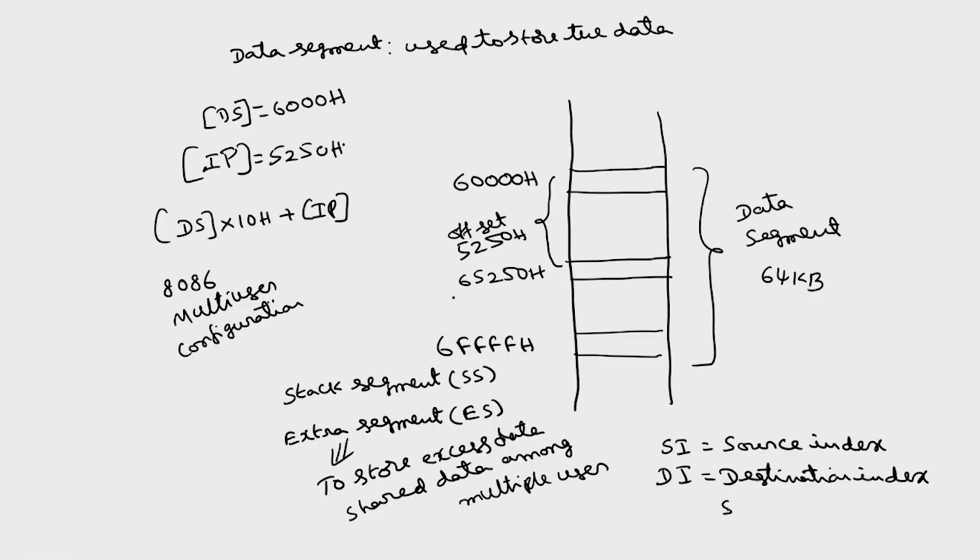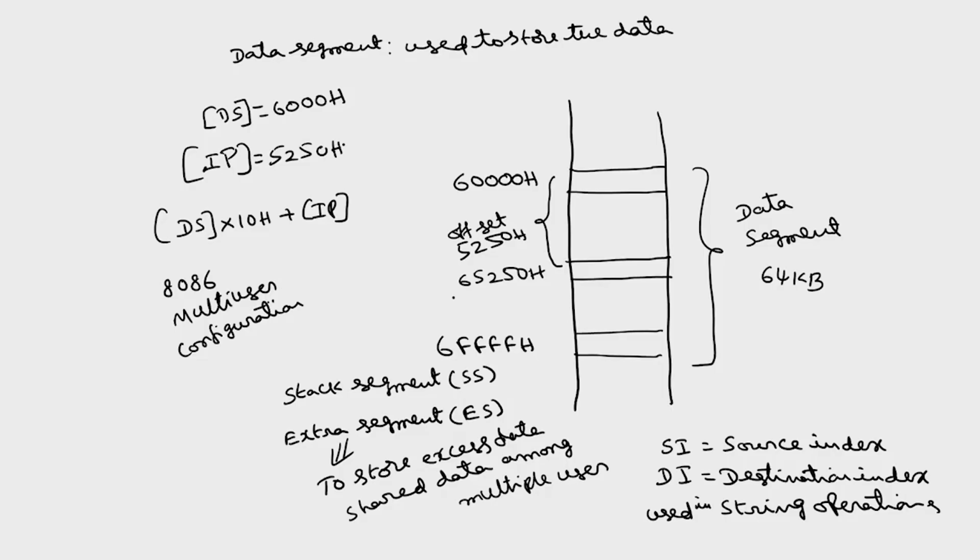These are used in string operations, where a block of data has to be moved from one location to another, or you have to process a block of data. In these string operations, SI and DI will be used along with the extra segment register.